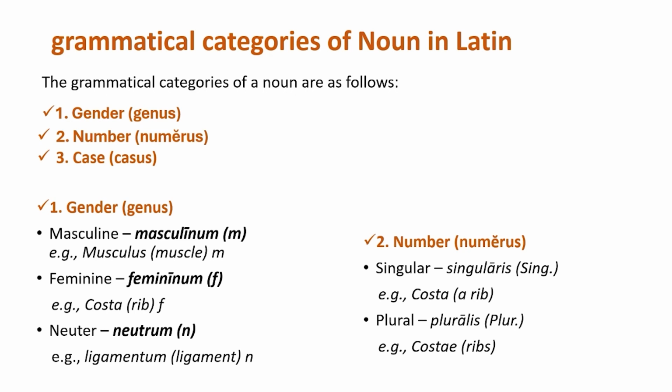Like gender, nouns have numbers, so they are not like 1, 2, 3, 4, but rather singular or singularis, or plural or pluralis.